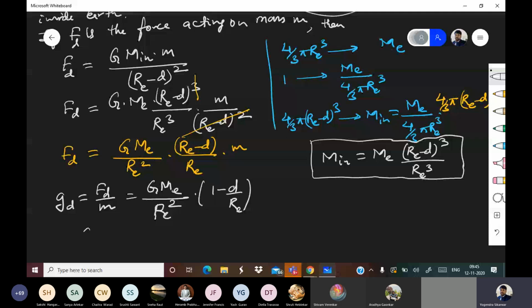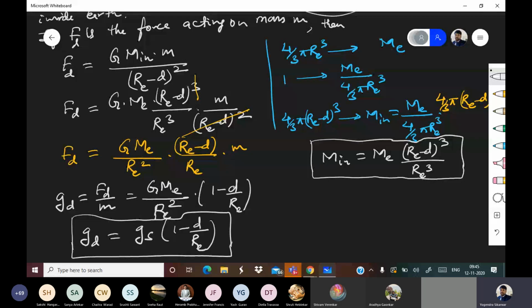So g d is equal to g surface into 1 minus d upon RE. So let me call this equation 2. Please note, everyone.